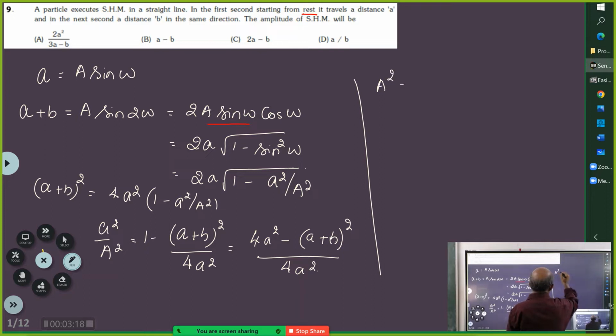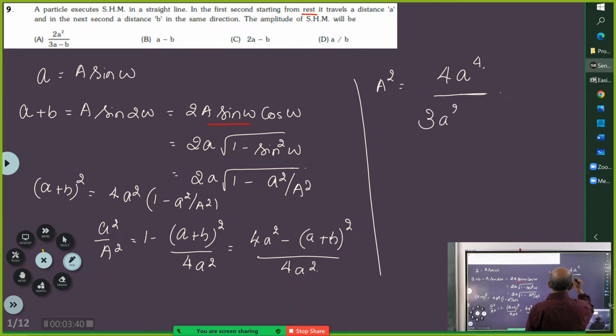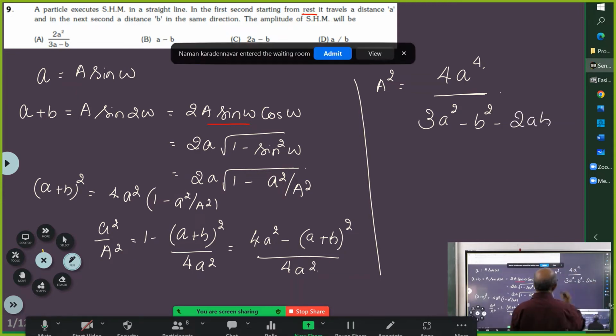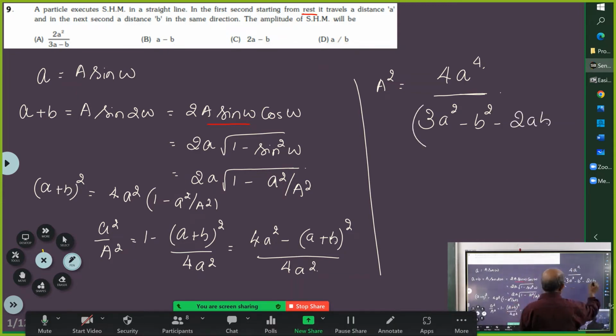So we get here A square equal to, if I push this a square by A square, then this gets inverted. So this becomes 4a square divided by 4a square minus (a plus b) square. I can open the bracket here: minus b square minus 2ab.